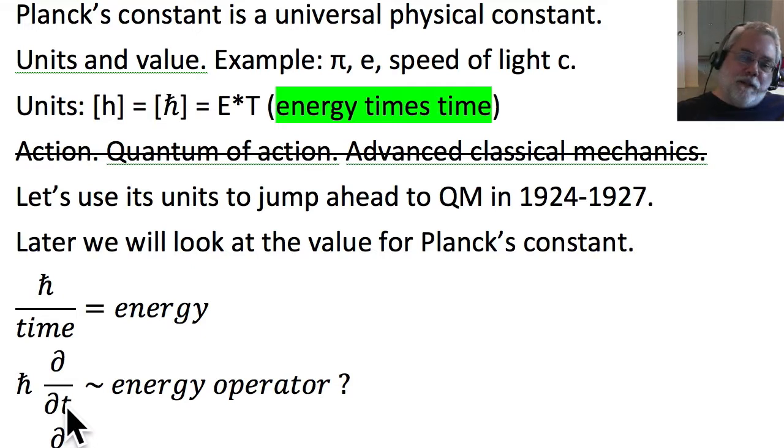Something might change rapidly in time or slowly in time. So this derivative is a rate of change with respect to time of something, some function, which we haven't said yet. We're trying to build this up. If only we could take h bar and multiply it times a derivative with respect to time, well, that would get rid of the time part and we would only end up with an energy.